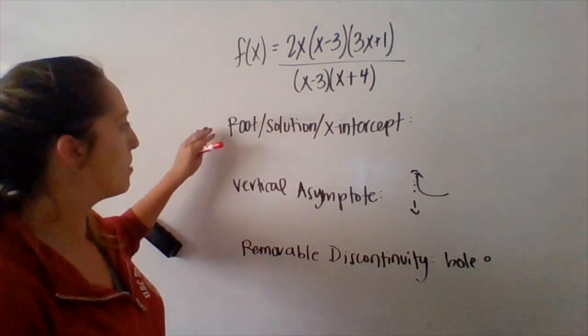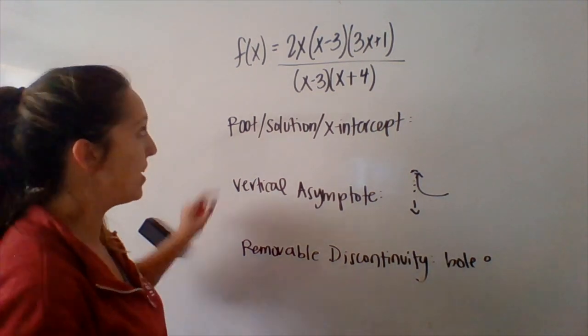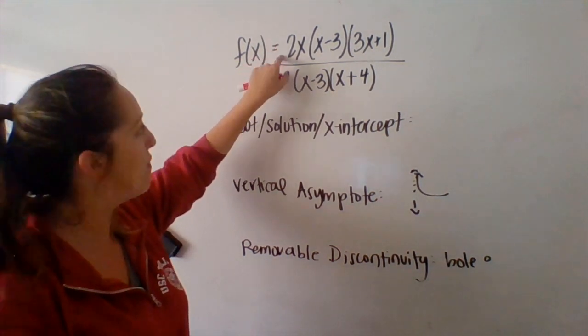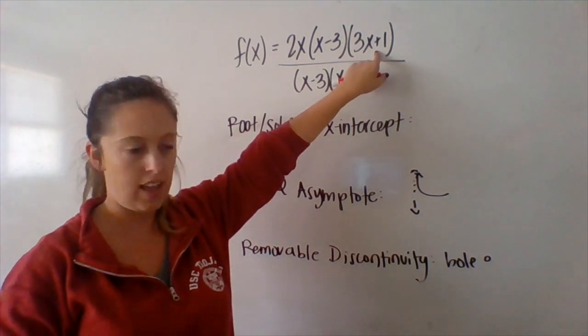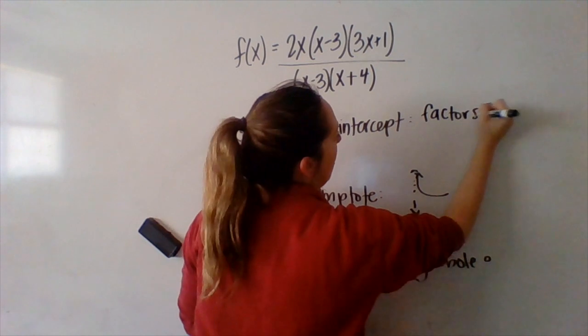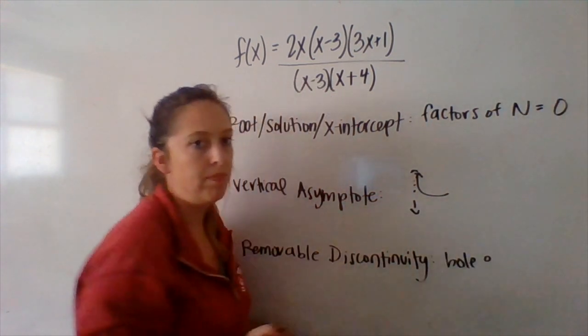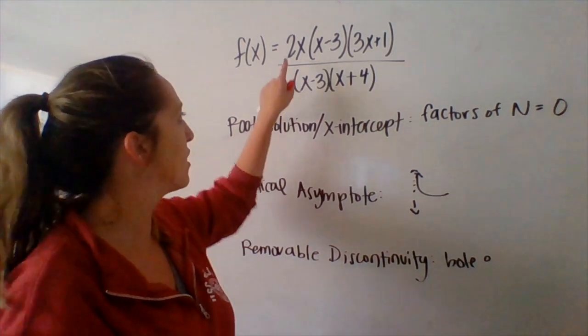Okay, so going back up to roots or solutions, when we find a root or solution, what we want to do is take the numerator, the factors of the numerator. So these come from the factors of the numerator equals 0. I'm going to take the factors of the numerator.